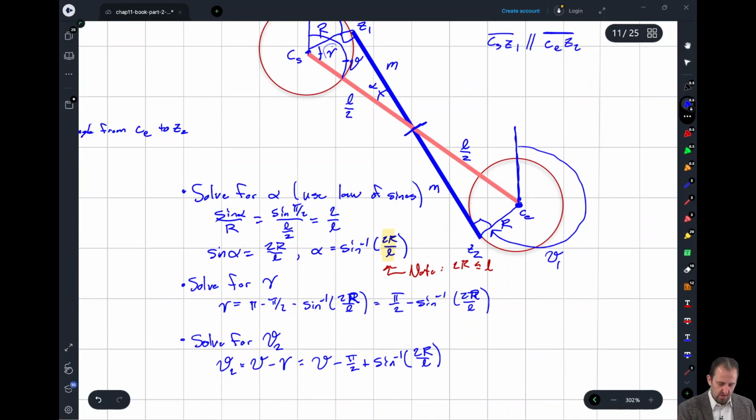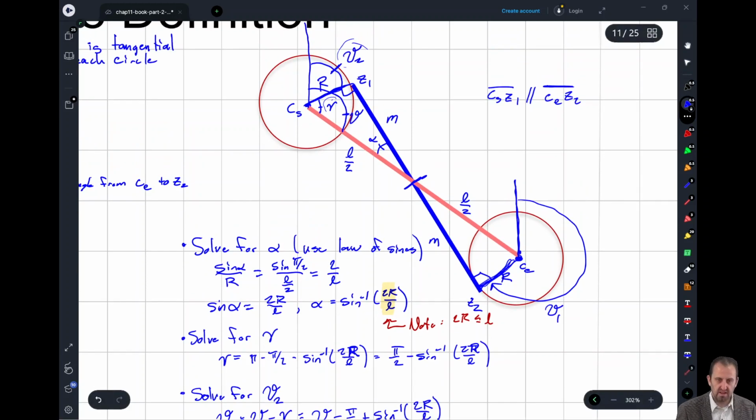So we have line A and line B, well, I didn't write A and B. But we have the line between CS to Z1 is parallel to the line between the ending point and Z2.